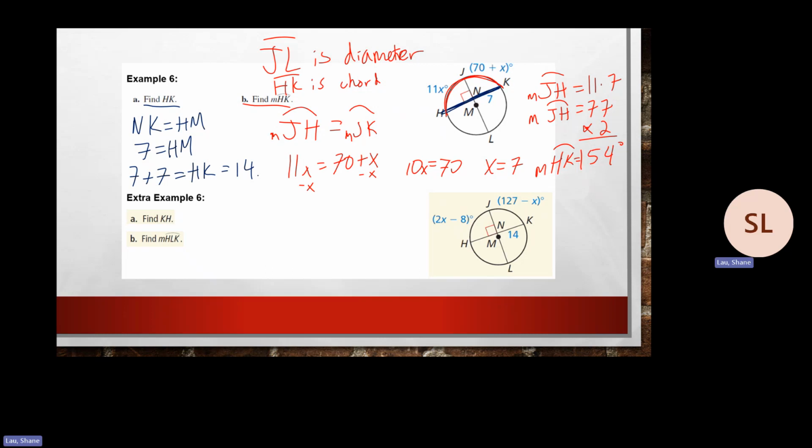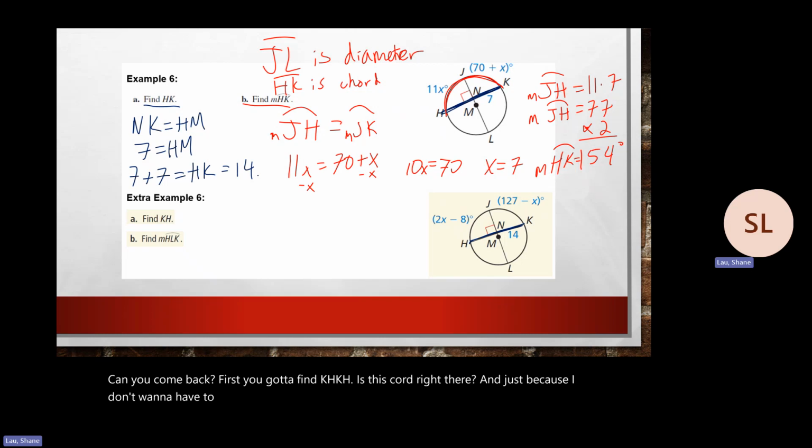Come back. First, you have to find KH. KH is this chord right there. And just because I don't want to have to do all the work again, we've already explained why we are able to do some of these things. Why I'm able to say that HN is equal to 14.